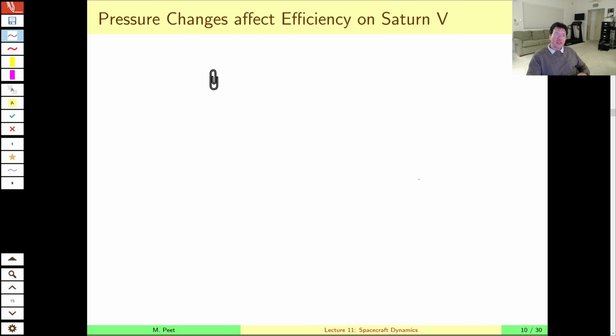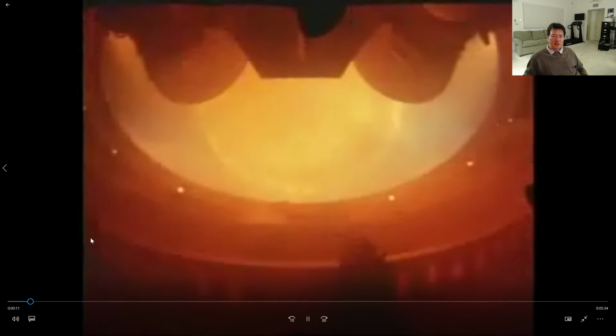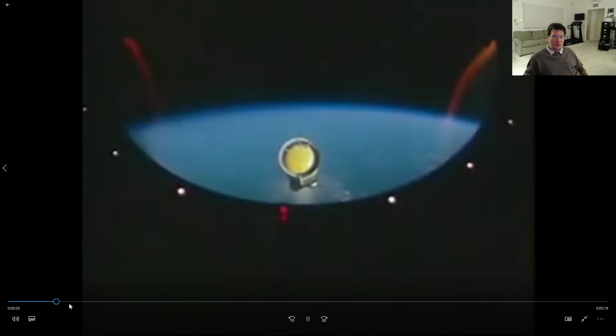Just to illustrate this, I have to open this separately. That's the Saturn V stage separation. Oh no, actually, hold on.